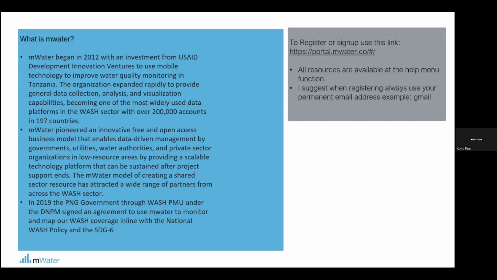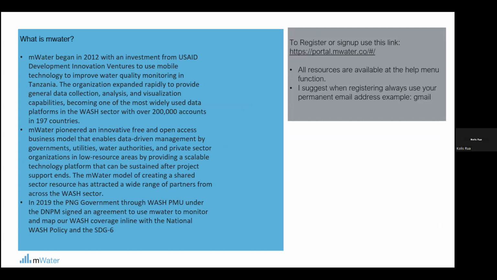Okay, so before we go into mWater, I'll just give a brief history around mWater and how mWater came into being. As you can see, in I think 2012, mWater came about through a social enterprise in Africa, I think in Tanzania.